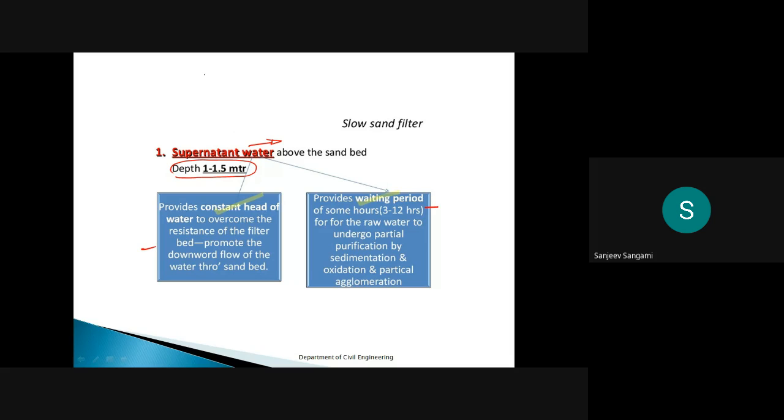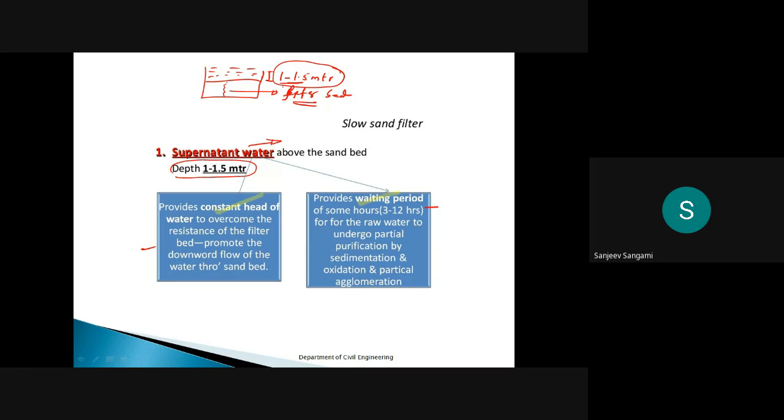When the water is retained above the filter bed for some time, assume this is the filter bed and the height above it is 1 to 1.5 meters.